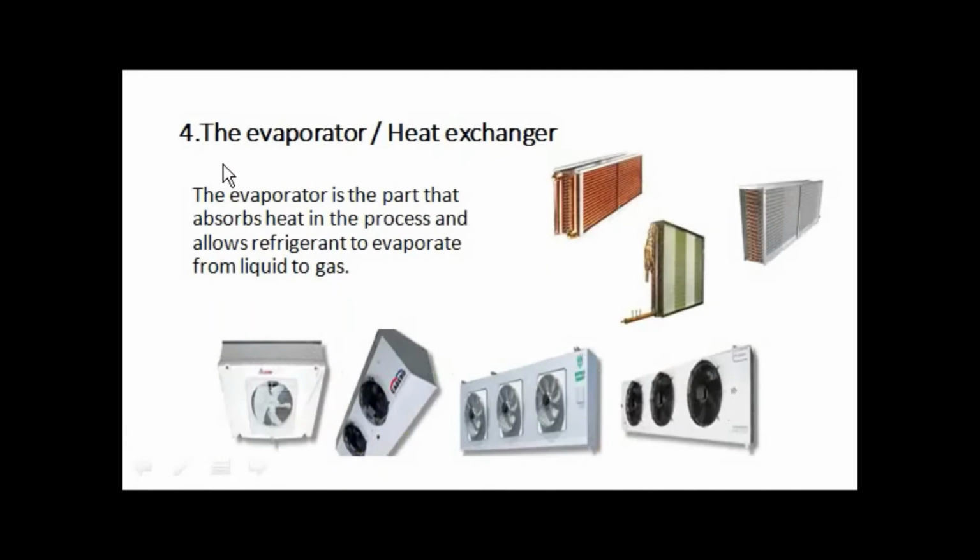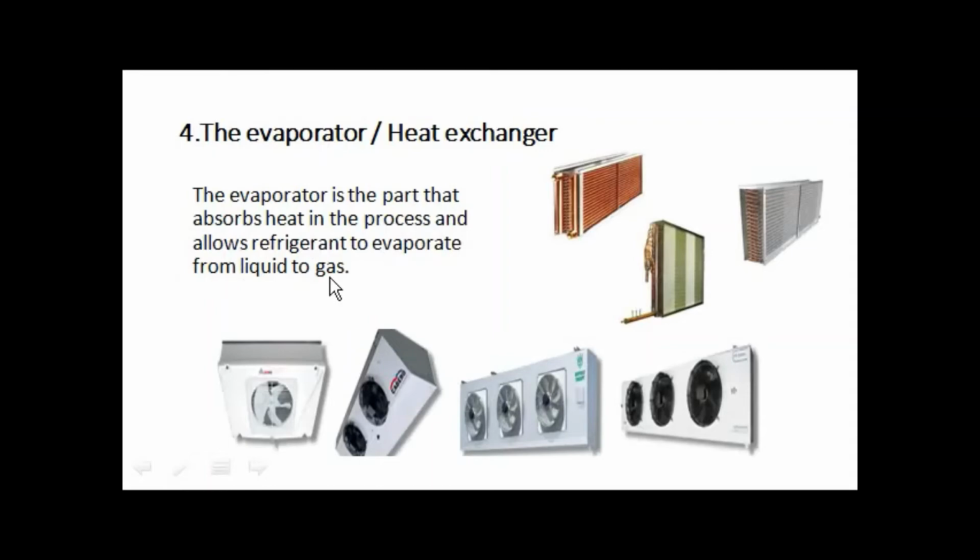After that we have the evaporator or heat exchanger, as you see. Its main function is that the evaporator is the part that absorbs heat in the process and allows the refrigerant to evaporate from the liquid.